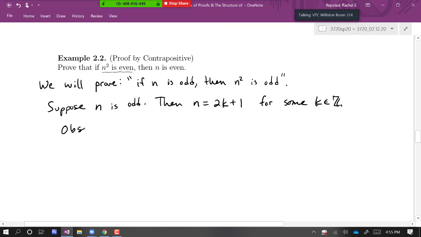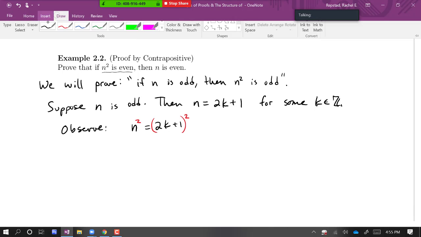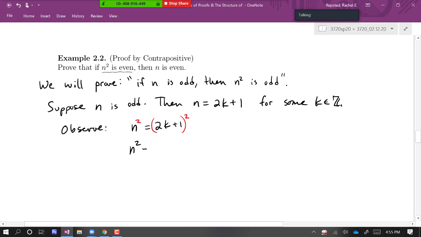So let's observe the following. We can square both sides. Let's FOIL that out. We get 4k squared plus 4k plus 1. I'm getting kind of excited about that plus 1 on the end.